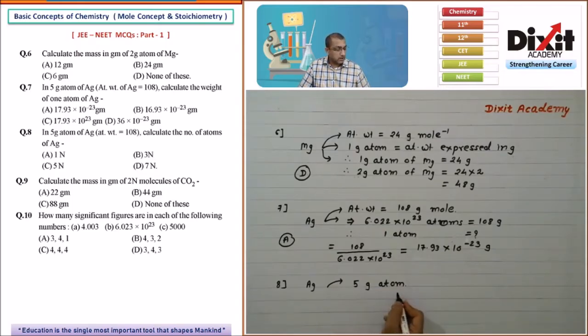Therefore, 5 gram atoms of silver is equal to 5 into 6.022 into 10 raised to 23 atoms. So looking at the symbols, it is equal to 5N. Here N stands for Avogadro number.